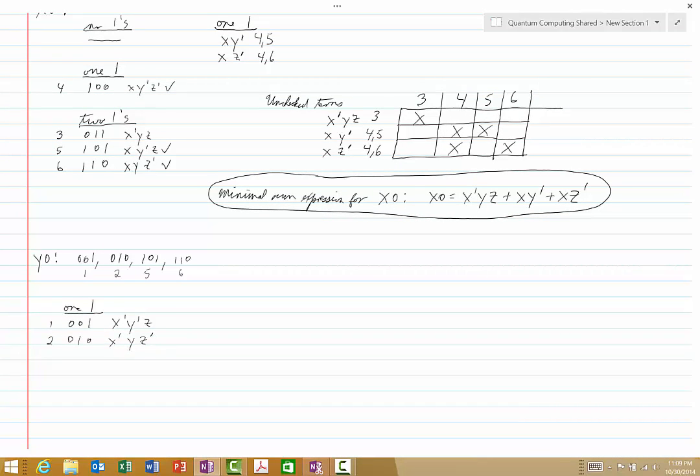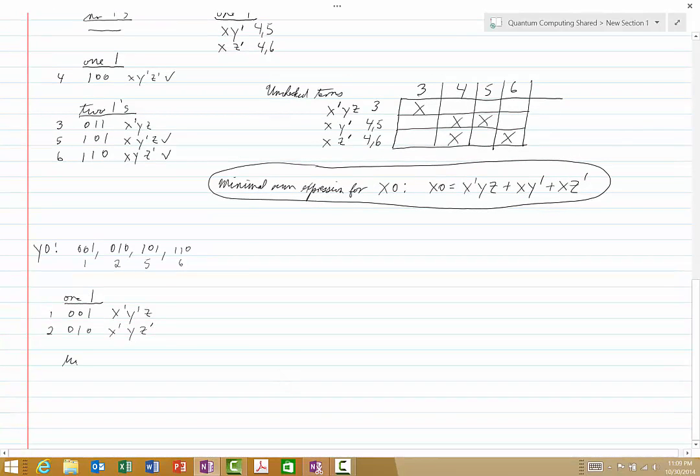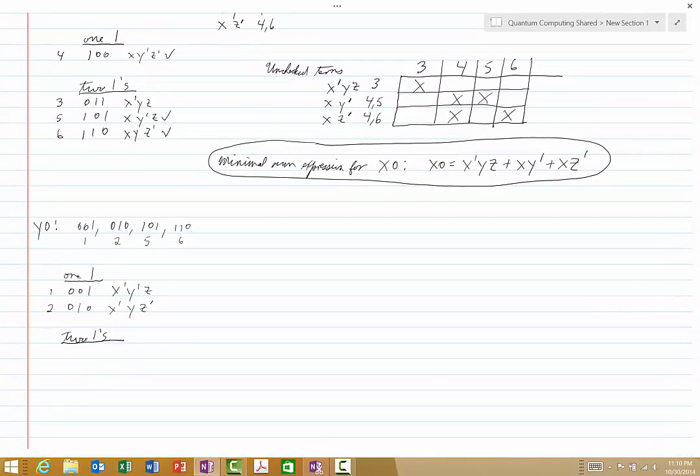Then we also have two terms with two 1s. We have 1, 0, 1, which is x, y prime, z, and we also have 110, which is x, y, z prime. So now we start checking these four combinations.